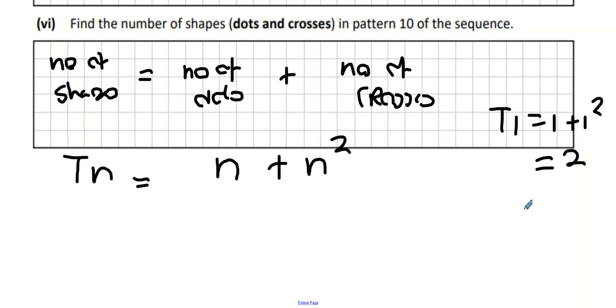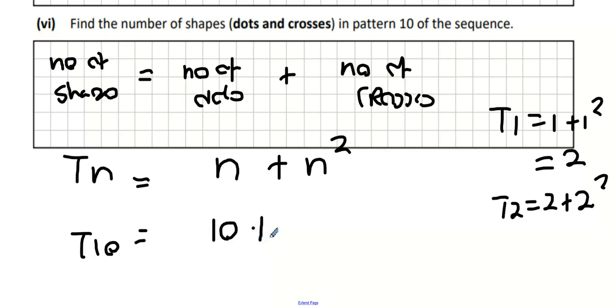What would T2 be? 2 plus 4, and there's 6, isn't there? So now we know we're on track here. So what's T10 then? There you go. We checked if we were correct using the existing T1 and T2, didn't we? Okay.